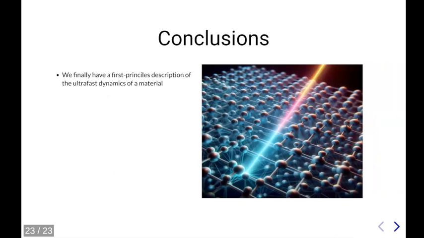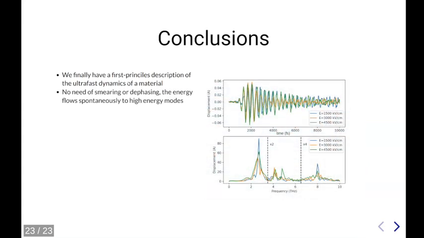And so let's go to the conclusions. We now have a methodology that can be used routinely to compute out-of-equilibrium dynamics of nuclei accounting for quantum effects. In particular, it's very interesting because now that we allow the system to interact with itself with all the degrees of freedom, we have enough degrees of freedom to observe, for example, the automatic decay of energy of the phonons, because the energy is simply flowing between different modes of the system.